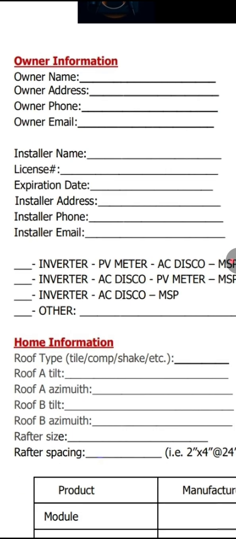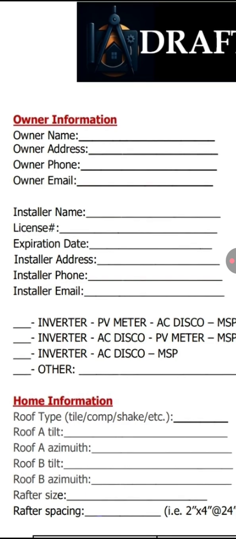The first piece of information you'll notice is the customer's name. The owner information is required by the jurisdiction, the city or county or little township. They will need the exact owner's name that is on the energy bill, specifically the owner, and the project address.